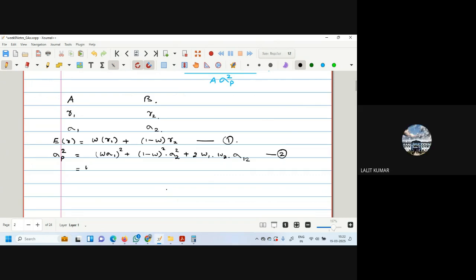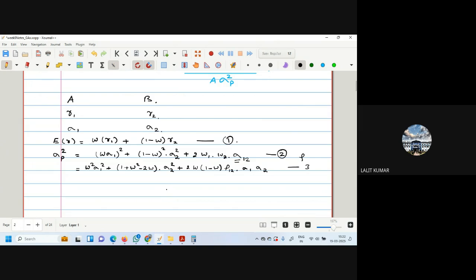For example, if you are not given the covariance and you are given the correlation coefficient, this will become correlation coefficient 1, 2 into sigma 1 into sigma 2.